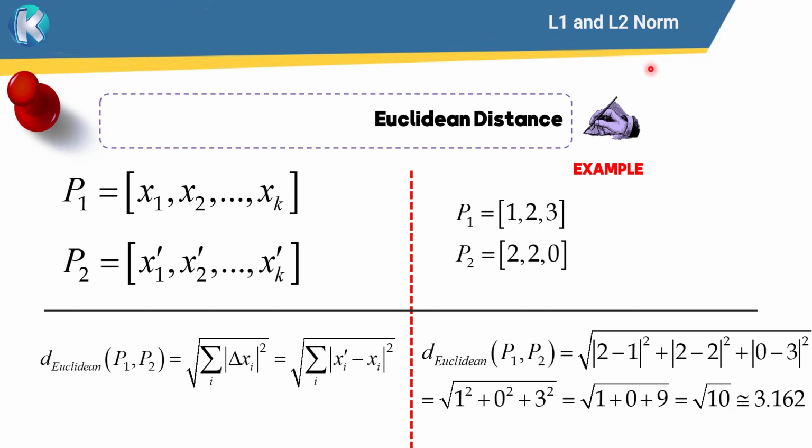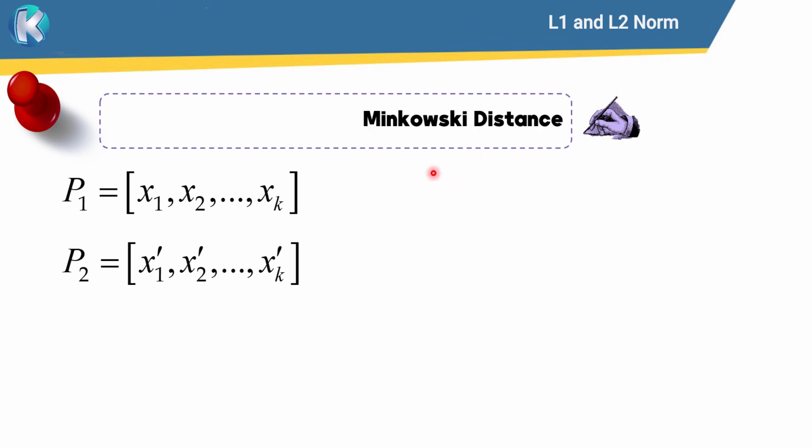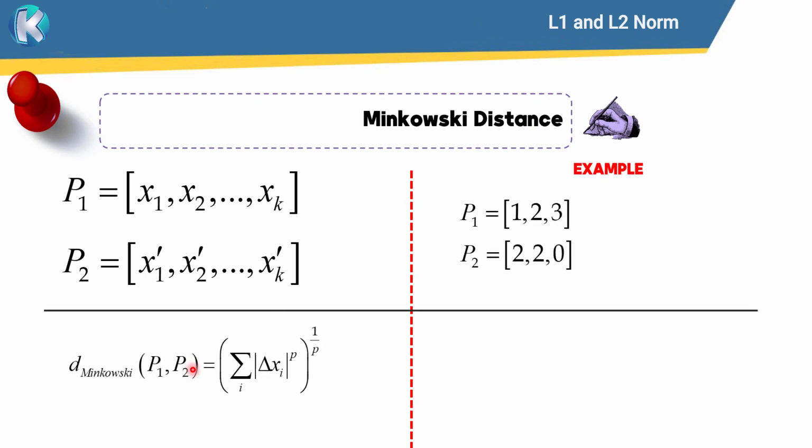3.162. And also we can generalize this type of distances and define something called the Minkowski distance, which is equal to the summation of the absolute value of delta xi to the power of p, and the whole term to the power of 1 divided by p. This is called the Minkowski distance, or sometimes called the norm p distance.